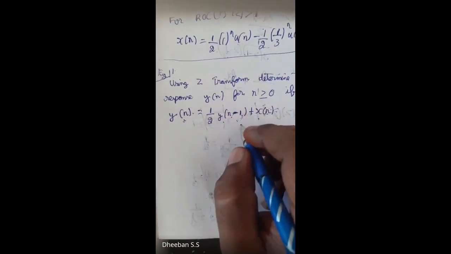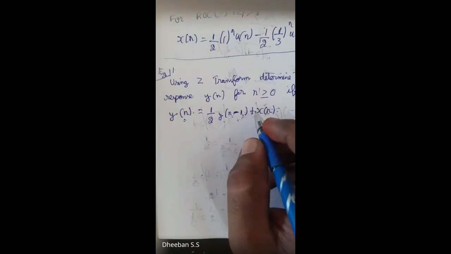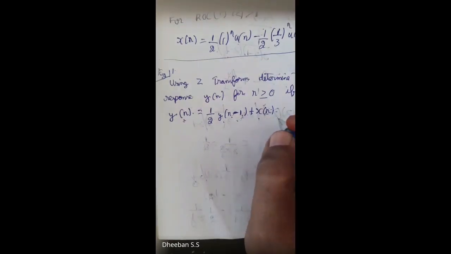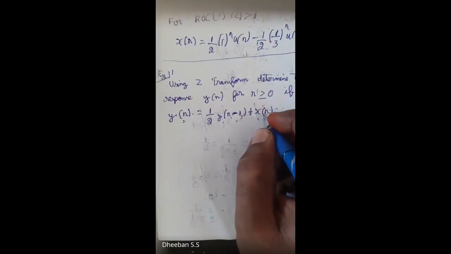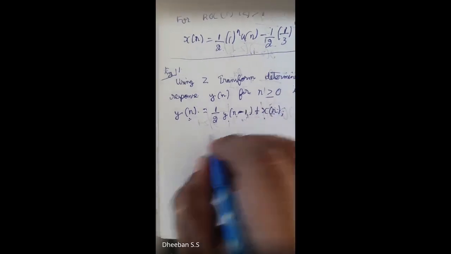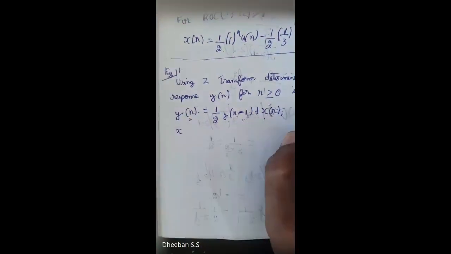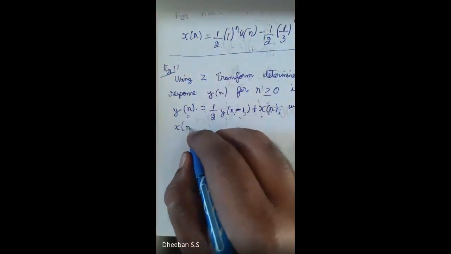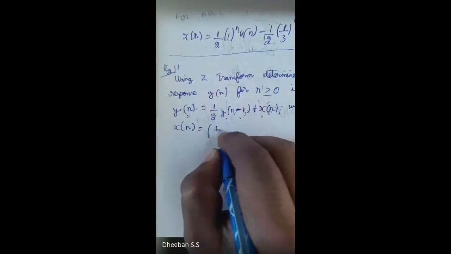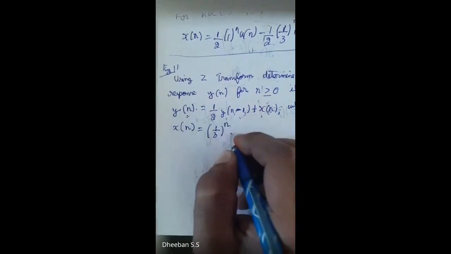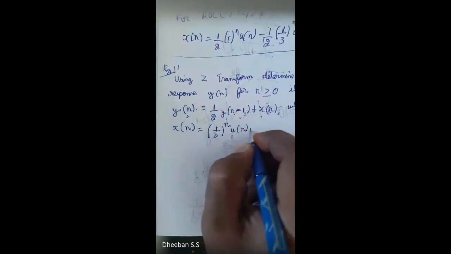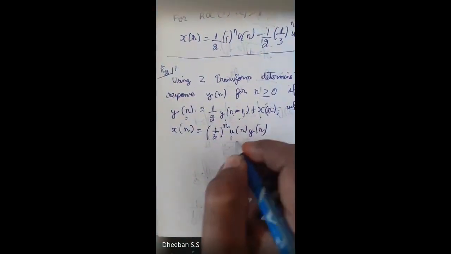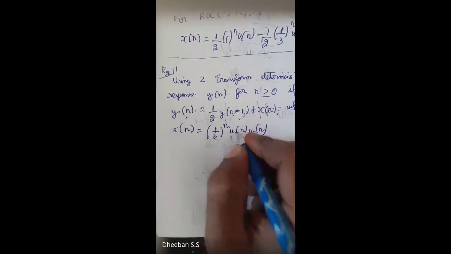Over here, they have given some values. That is, they have defined x of n as 1 by 3 the whole power n, u of n, where u of n is nothing but your unit step function, which you already know.